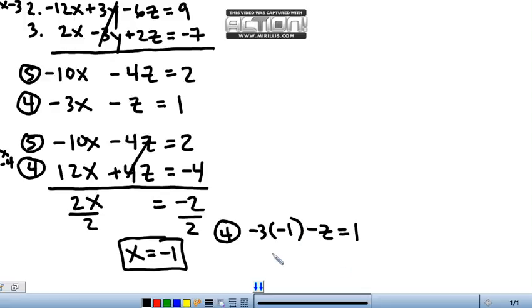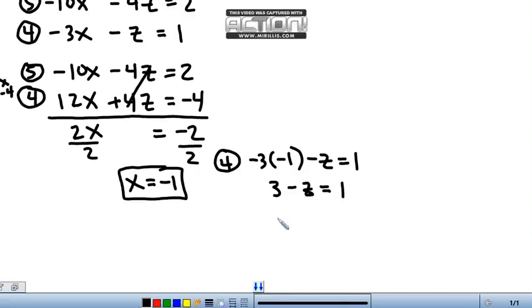So this is positive 3 minus z equals 1. Subtract 3, so negative z equals negative 2. Divide by negative 1, z equals 2.